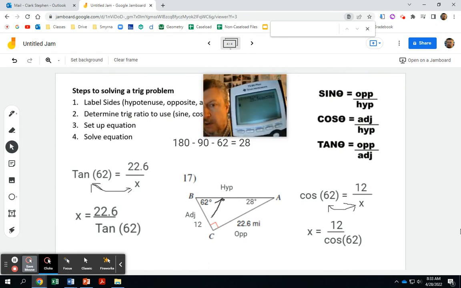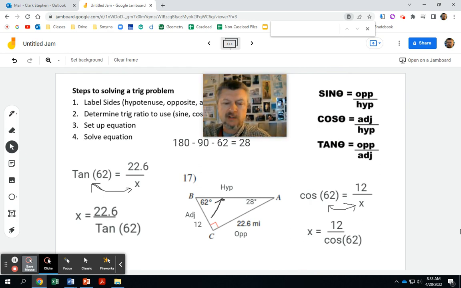The folks at home, can you maybe see that on my calculator? 12 divided by cosine 62. I got 25.56. I'll round that 5 up to a 6 because there's a 6 after it, 0.56. So that'll be 25.6. So the hypotenuse is 25.6. There you go. So now you've solved the entire triangle.